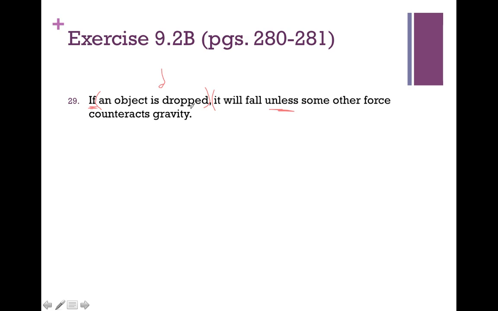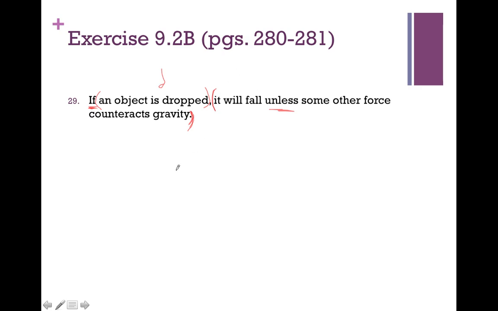So here's what you should do. You should think of this as a conditional, if D, then, and here's the antecedent. Here's the consequent. The antecedent of this if-then is going to be D, and this entire proposition right here, it will fall unless some other force counteracts gravity, that is the consequent. Now, we're just going to look at it like this.